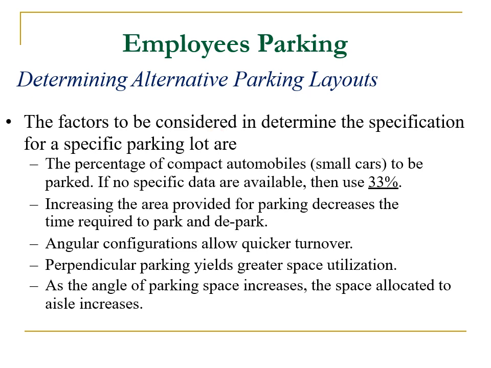What are these? A factor that you need to consider is the percentage of compact automobiles to be parked. If you have data on the number of employees having small cars, then you can use that data. If not, a rule of thumb says to allocate 33% of the total space to small cars.